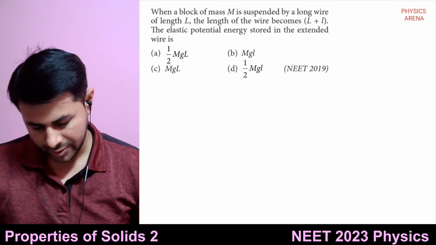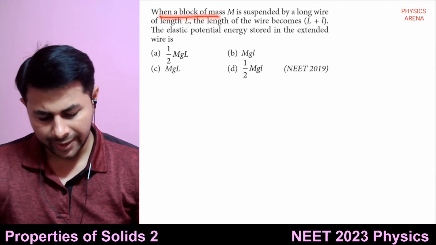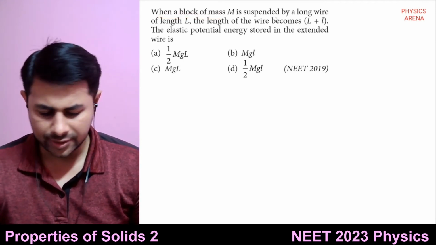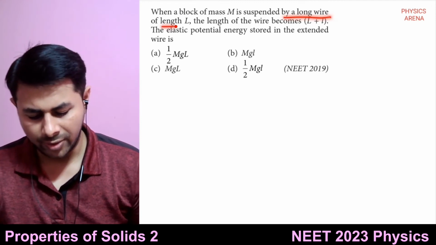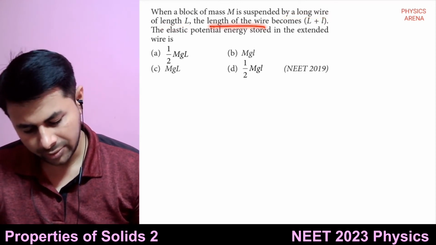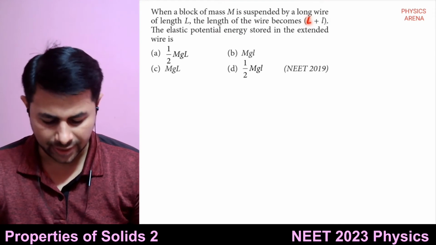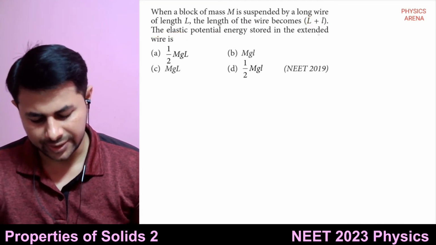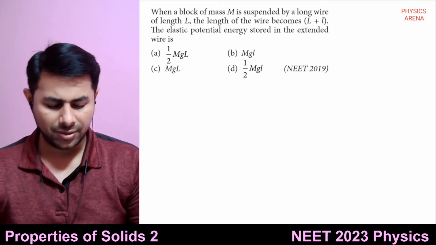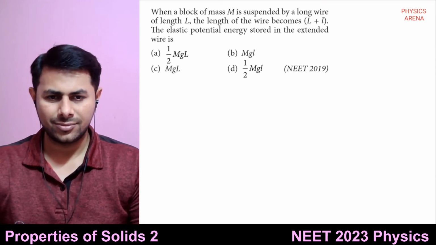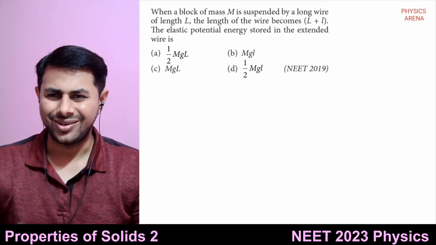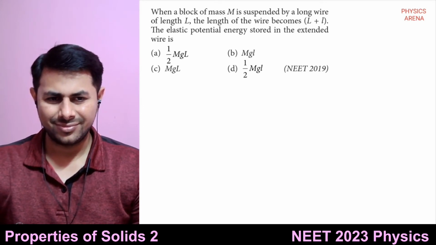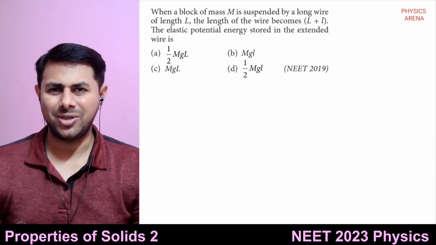Next question. When a block of mass m is suspended by a long wire of length L, the length of the wire becomes L plus l. The elastic potential energy stored in the extended wire is? Tell me. This is very simple, right? Direct formula.